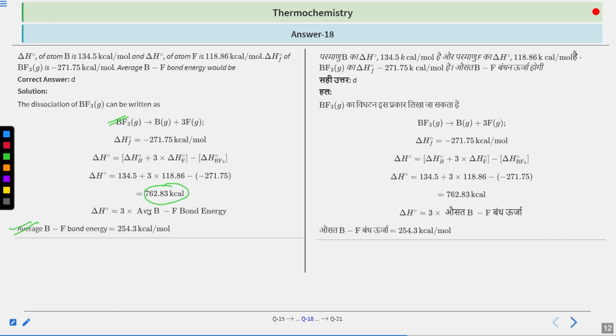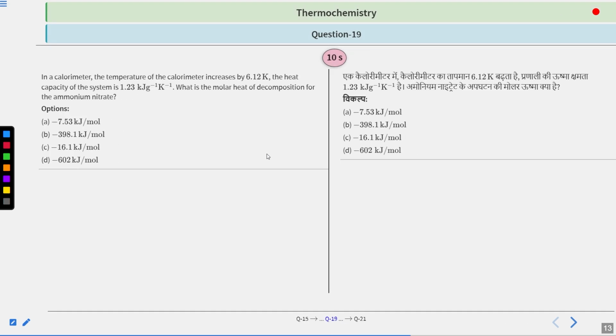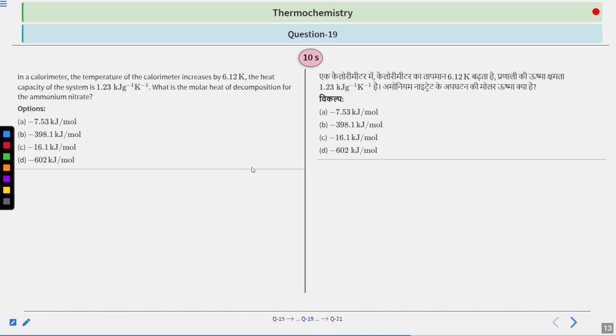Okay, now moving on to the next question. Question number 19 says that in a calorimeter, the temperature of the calorimeter increases by 6.1 Kelvin. The heat capacity of the system is given as 1.23 kilojoule per gram per Kelvin.